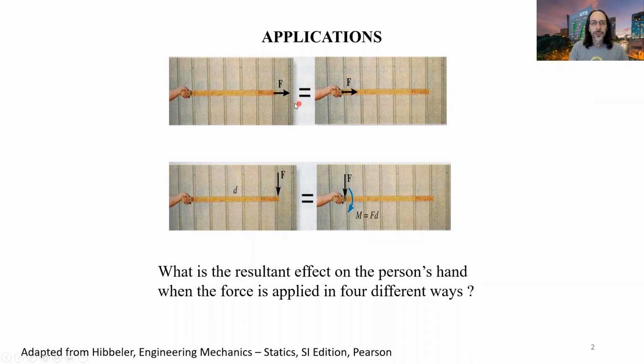When you looked at forces previously, you knew that you could slide a force along its line of action, right? So it's known as a sliding vector, but you can't move the force off its line of action, okay?